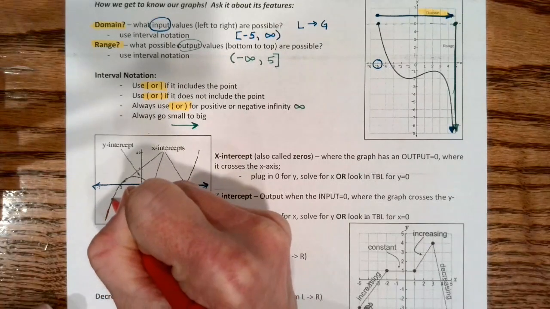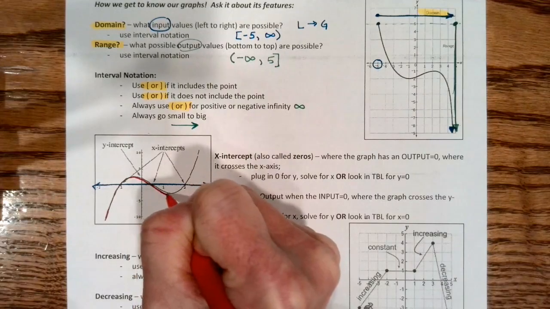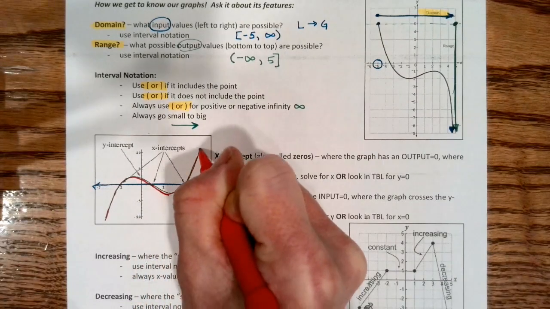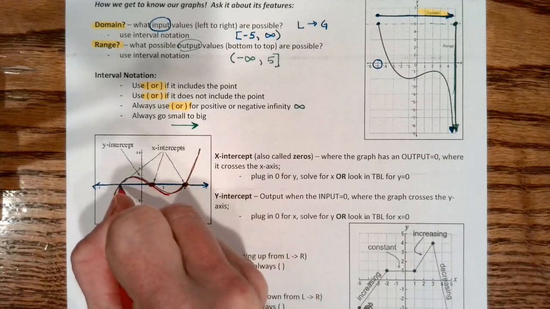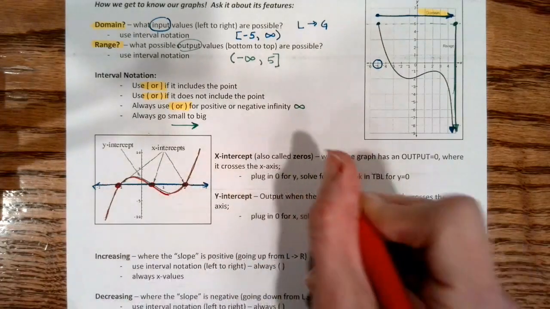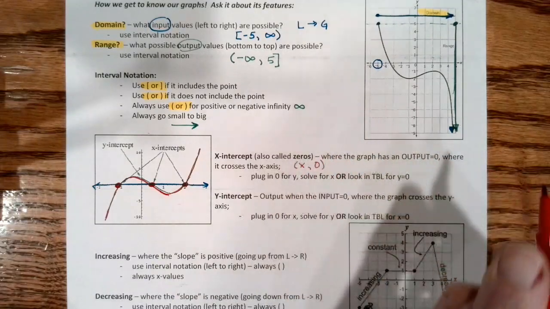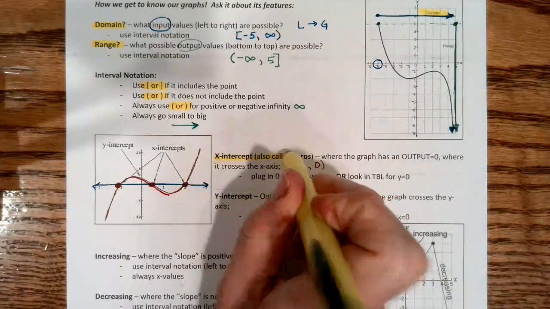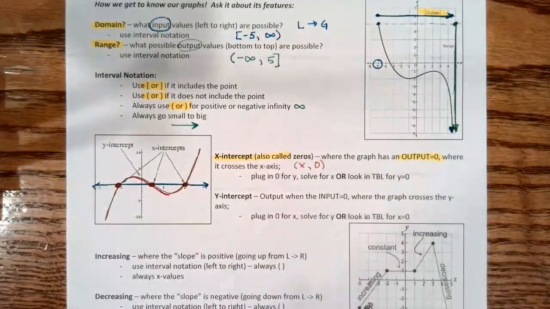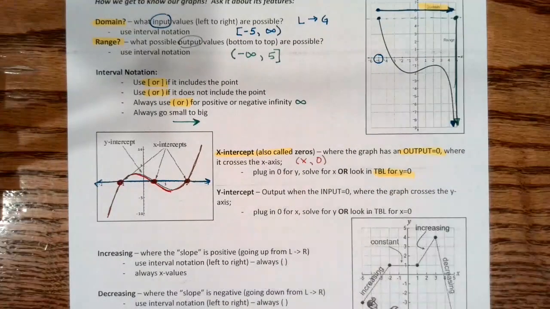If I were to trace or color the graph, I can see where it crosses my x-axis. Every time that I have an x value and an output of 0, we have to remember an x-intercept is my output of 0. The easiest way to find them is to go to the table and look for it.